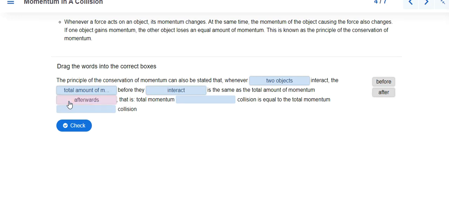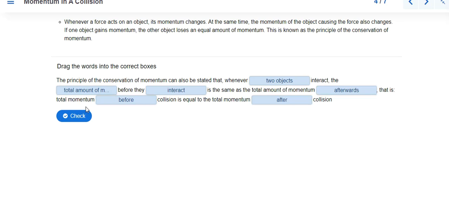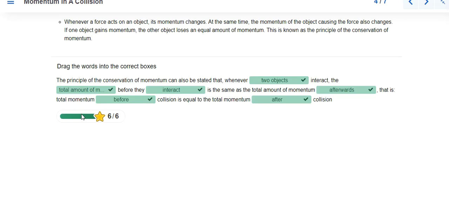That is, total momentum before collision is equal to the total momentum after collision. That's the principle of conservation of momentum. So let's check. Good. Correct.